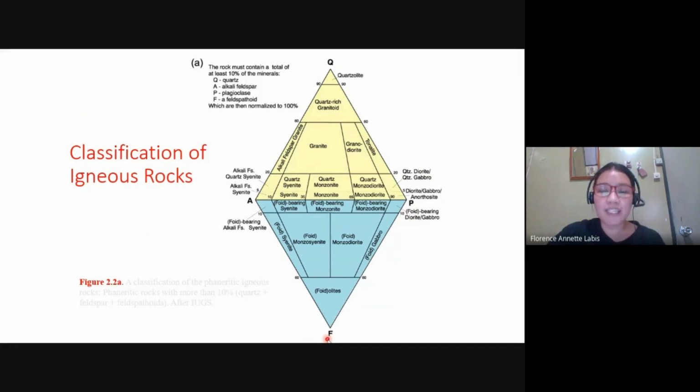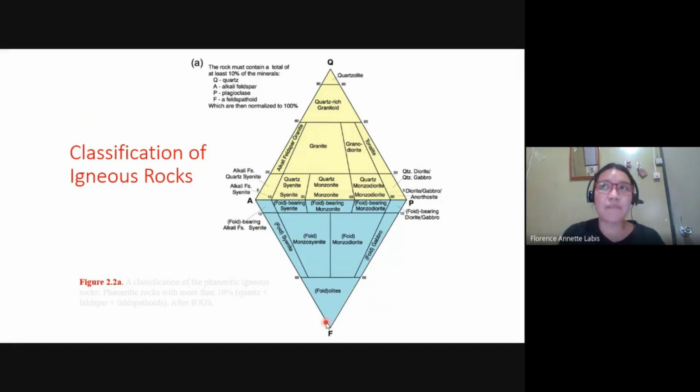So normally or usually in petrology, ang quartz o ang mga foids or feldspathoid don't really actually associate with each other, and it has something to do with their chemical composition. Kaya clear kaayo ani nga diagram nga in plotting the rock sample, di ba, for example QAP, wala kay foid or feldspathoid na component because they don't really coexist together in a magma.